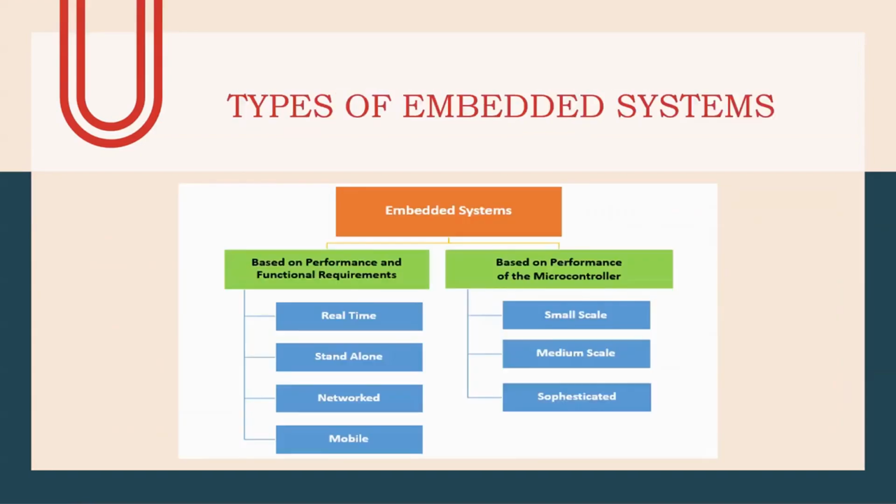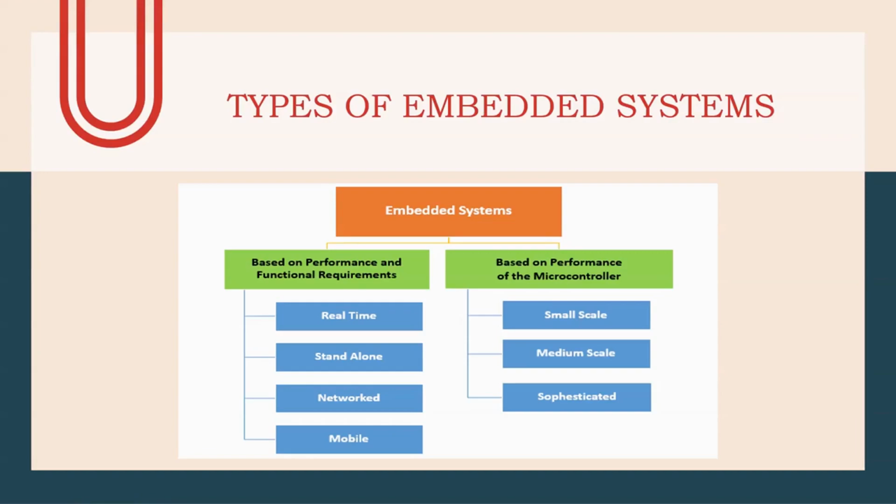And coming to this slide, embedded systems are divided into two types: the first is based on performance and functional requirements, and the second is based on the performance of the microcontroller. The first is divided into four subdivisions: real time, standalone, network, and mobile embedded systems.